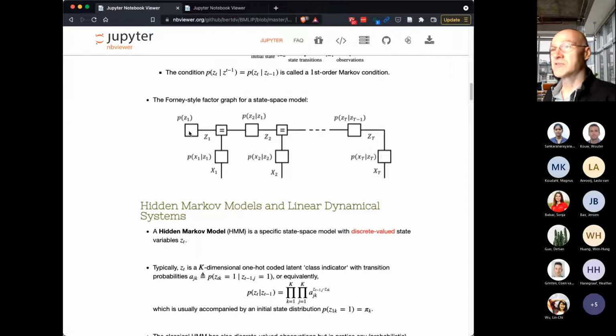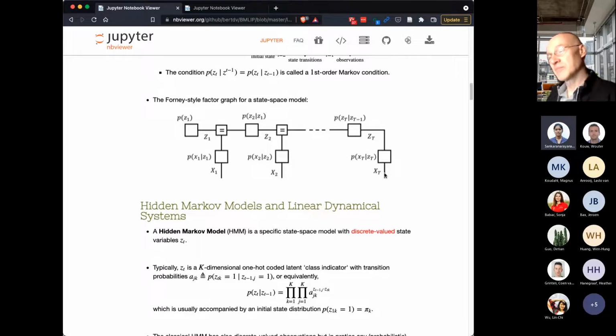You start in some state, and then you generate x1, and then the state gets updated to z2, and you generate x2, and so forth. This is the generative model for observations x1 through x capital T.